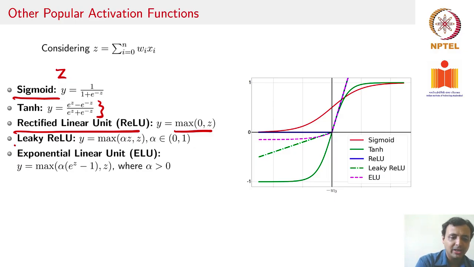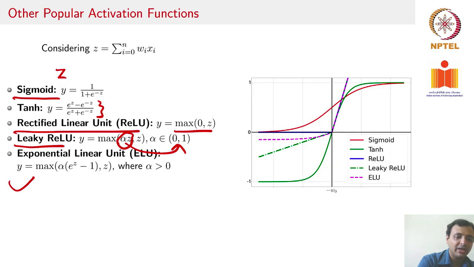There is also a variant of the ReLU activation function called the leaky ReLU, which does not make this 0 but keeps this a very small value, and we will see the design for each of these a little later this week.